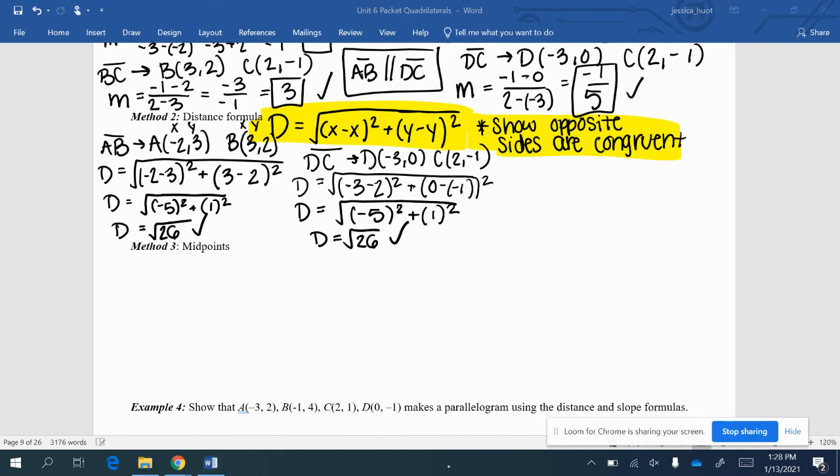My other side here, I'm running out of room. AD. A is at -2, 3.